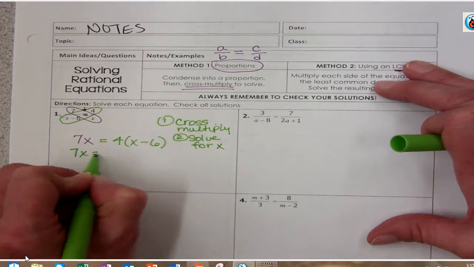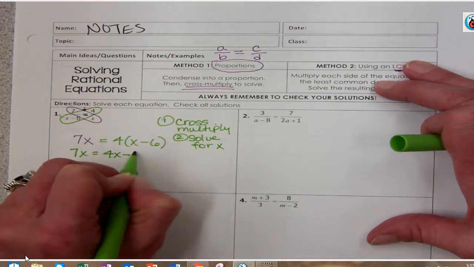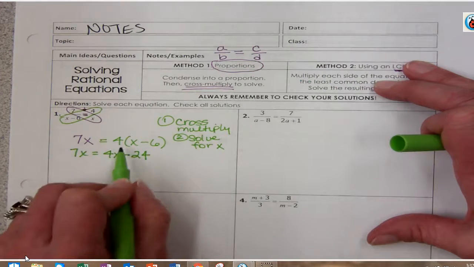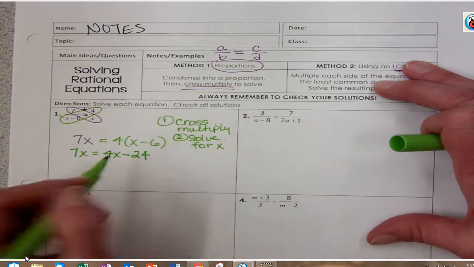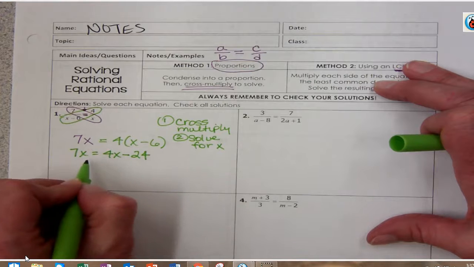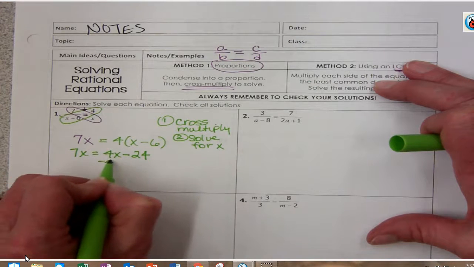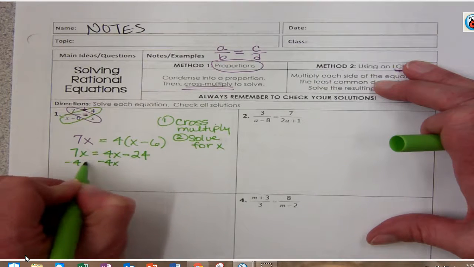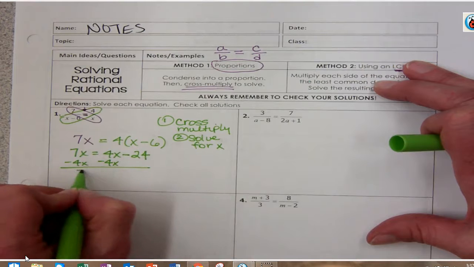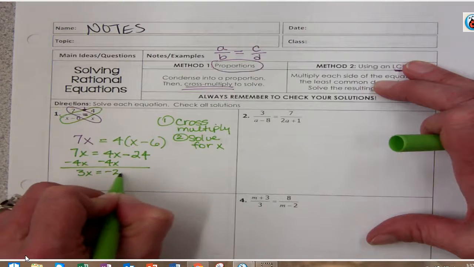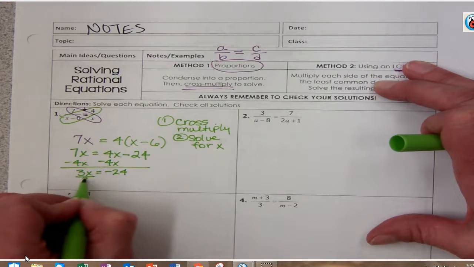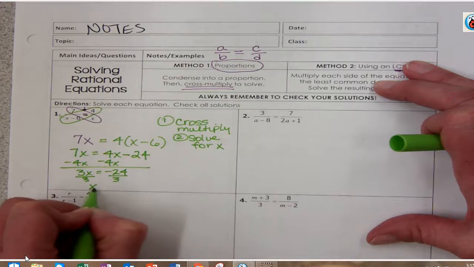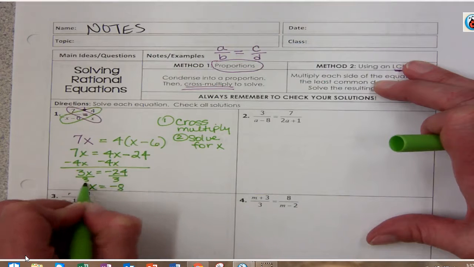So you get 7x equals 4x minus 24, because I'm multiplying 4 times negative 6. I need to get my x's on one side and my numbers on the other. Now I'm going to divide by 3, and I get x equals negative 8.